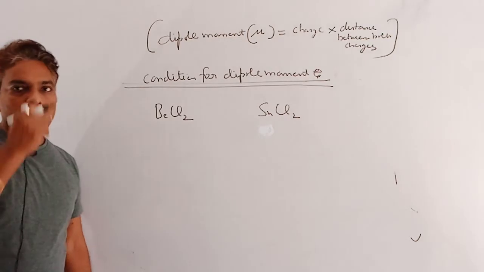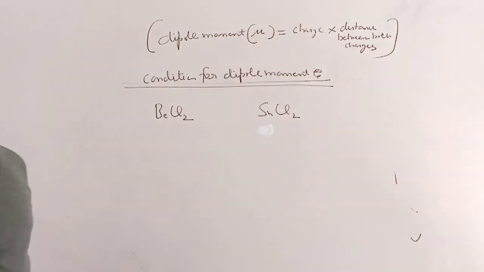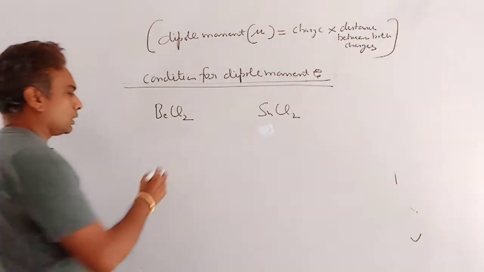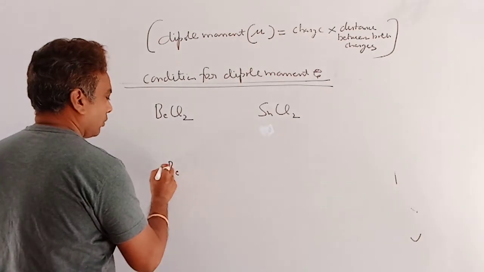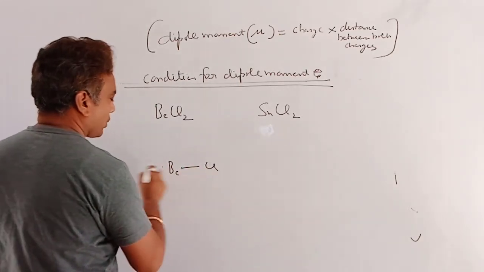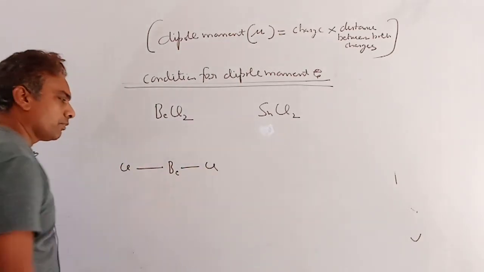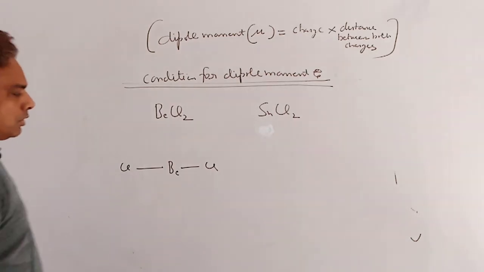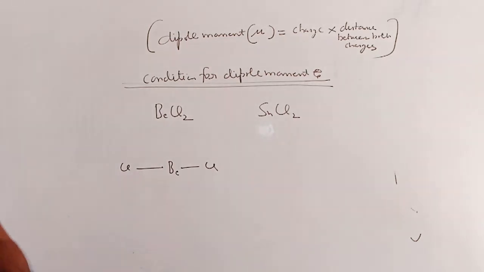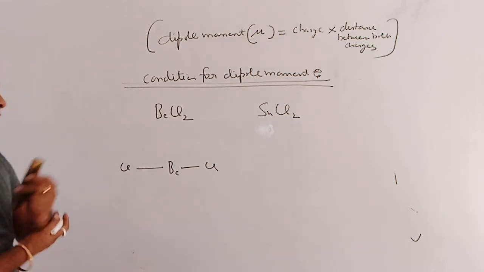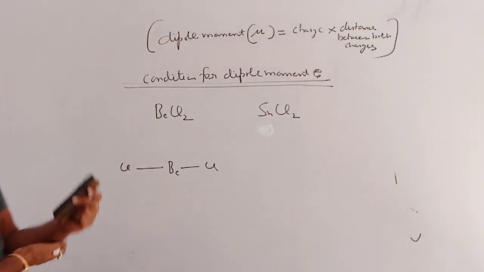In case of beryllium, which contains only 2 electrons in the outermost shell, both 2 are shared with chlorine. No lone pair is on beryllium.